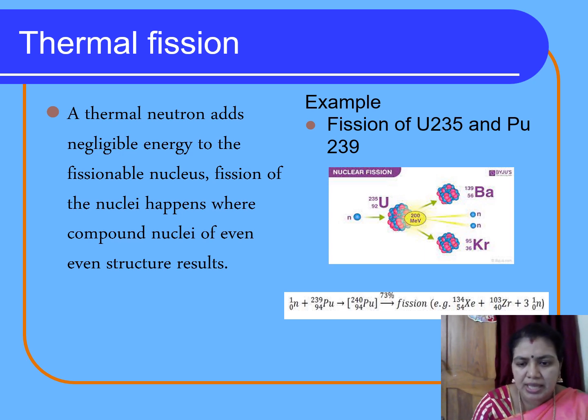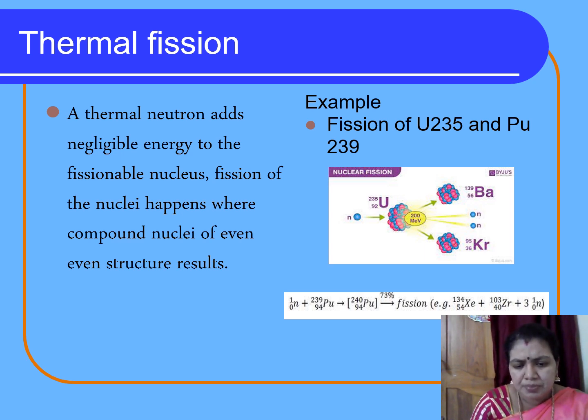So we could see that when uranium-235 gets bombarded with neutron, barium and krypton result. So we can see that their atomic number is even.